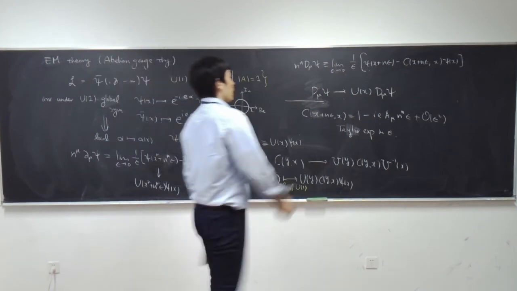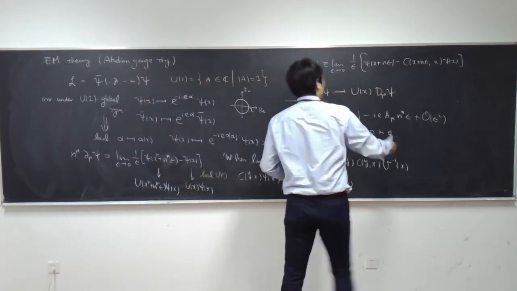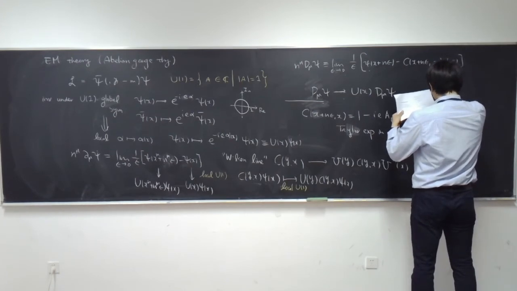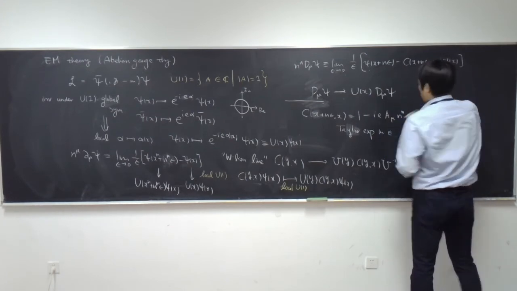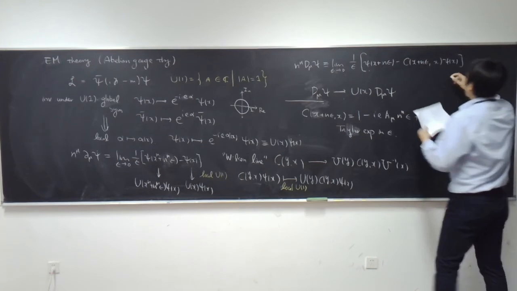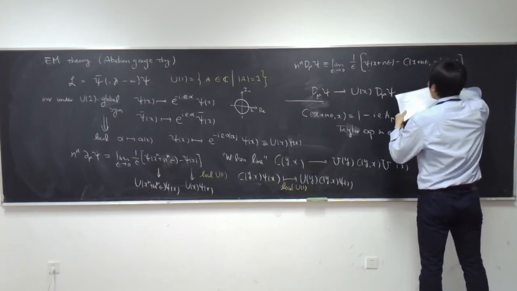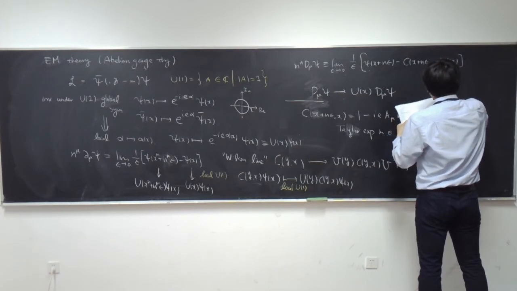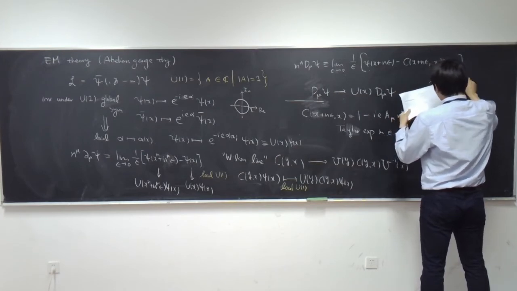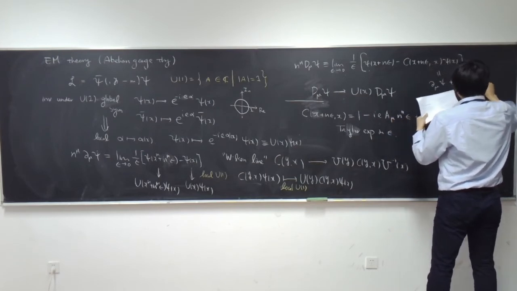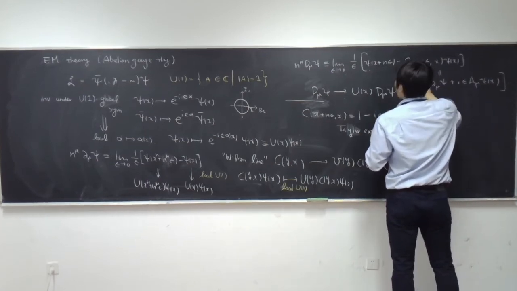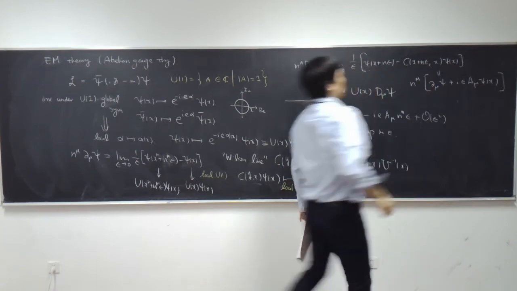So once you plug this in here, what you will get is partial_mu psi plus i e A_mu psi(x) contracted with n^mu.